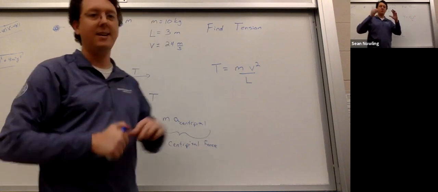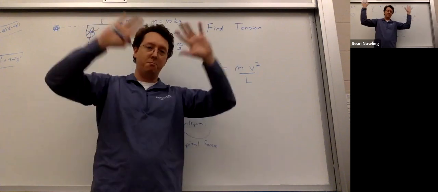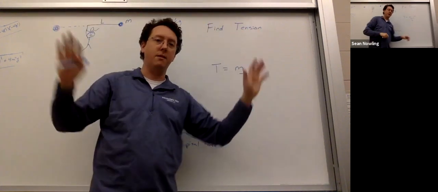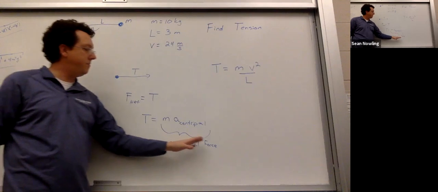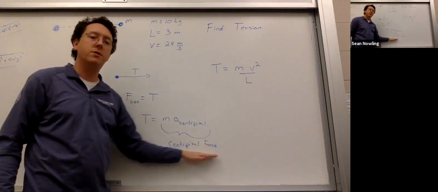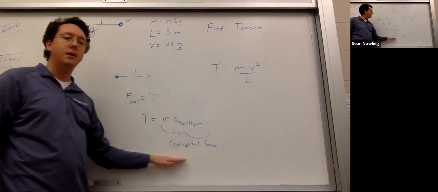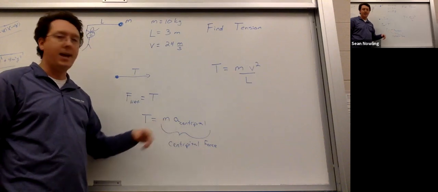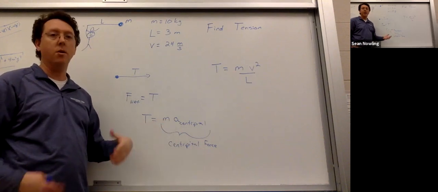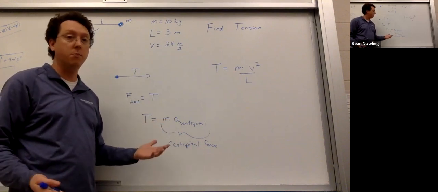Notice, strong, big sirens and red flashing lights. The centripetal force is the name given to MA, or the net force in a circular motion problem.